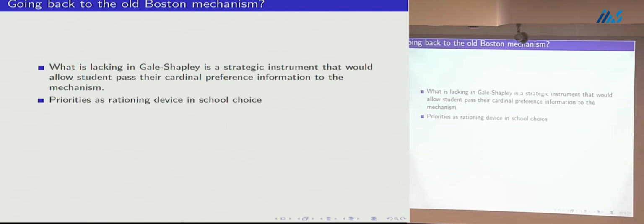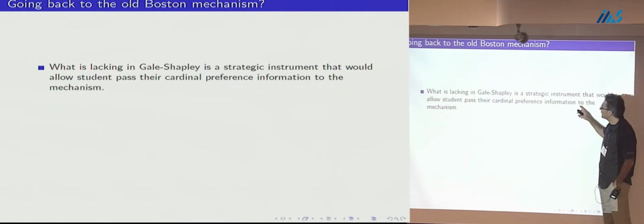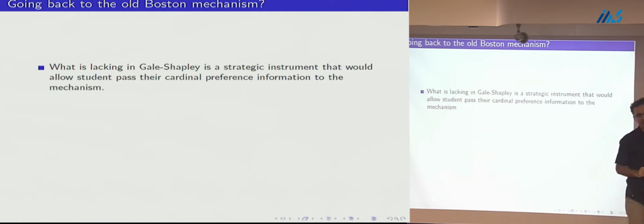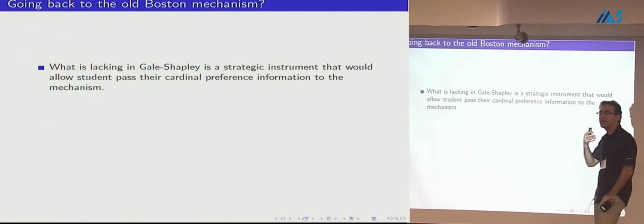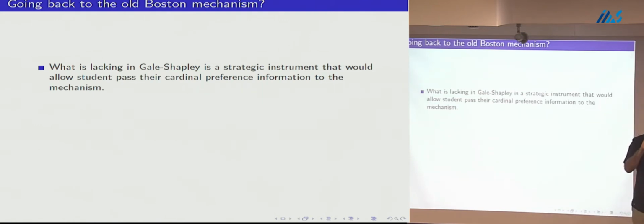Now, Gale-Shapley does not pass any cardinal information. Why? Regardless of what your cardinal information is, you will always submit the same ordinal ranking. It is your dominant strategy to do so.